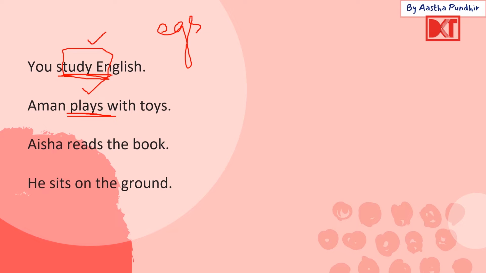Similarly, in the third sentence, Aisha reads the book. So reads tells us an action taking place. It is also a verb. Next, he sits on the ground. Sits. This is a verb which shows some kind of action taking place.